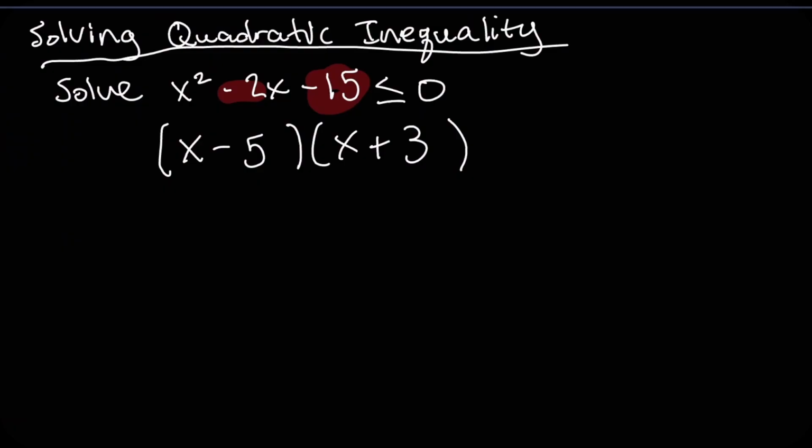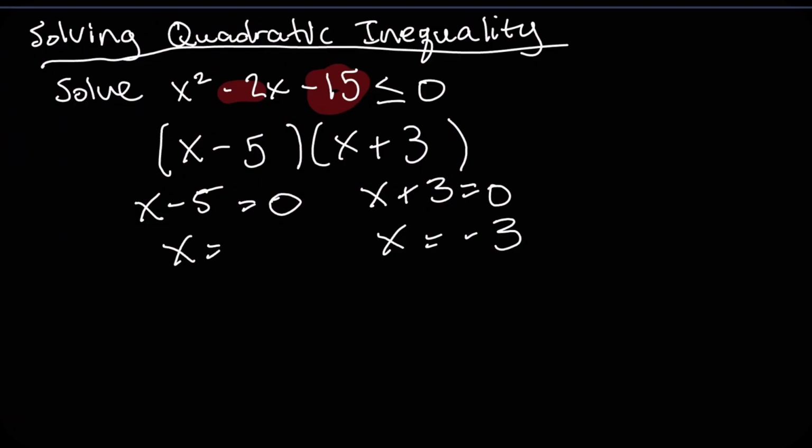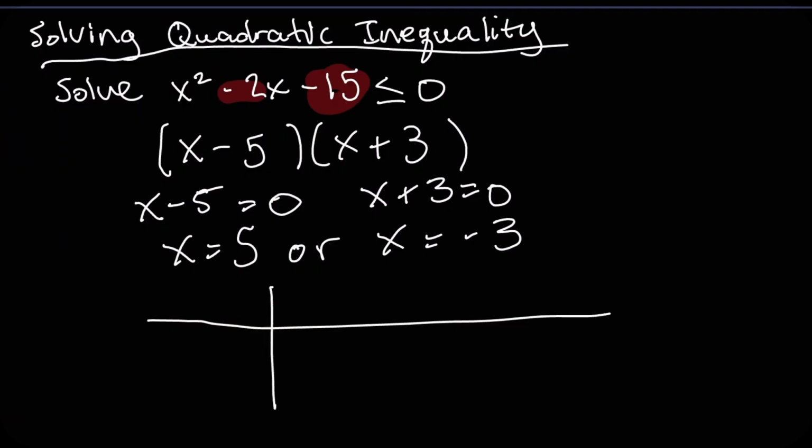Now, set these equal to 0. x will be equal to negative 3, and x will be equal to 5. So we're not quite done here. What we want to do is plug in some values to see what our actual interval is. So you can go ahead and make a table like this.